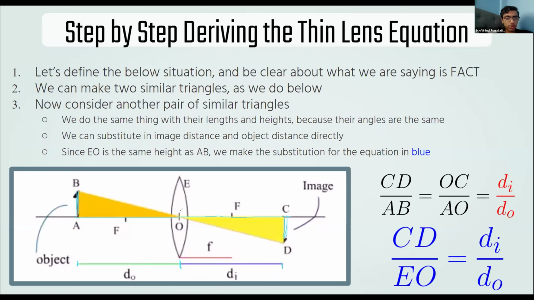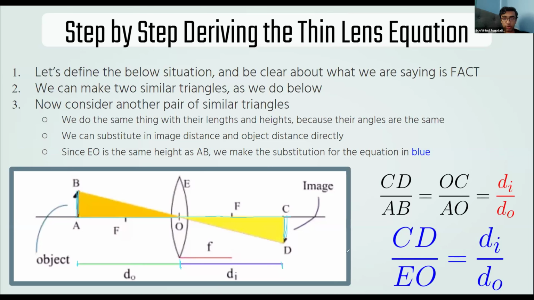Yeah. So this triangle is our second ray that we always draw. Whenever you do a ray tracing situation, you draw a ray from the top of your object through the center of your lens to see where the image is formed, okay? We know the image is formed here, we assumed that, and we're drawing a ray from our object through the center of the lens to our image.